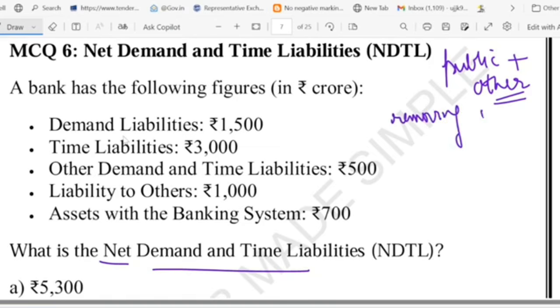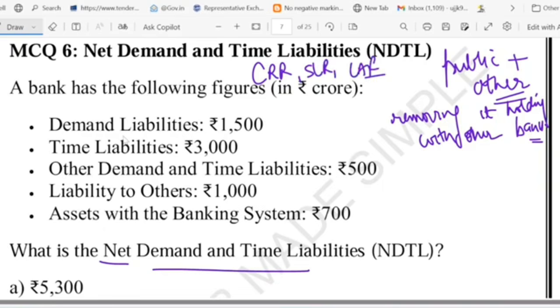It is a very important number, because using NDTL only you can calculate the CRR, the SLR, and the liquidity as in LAF.